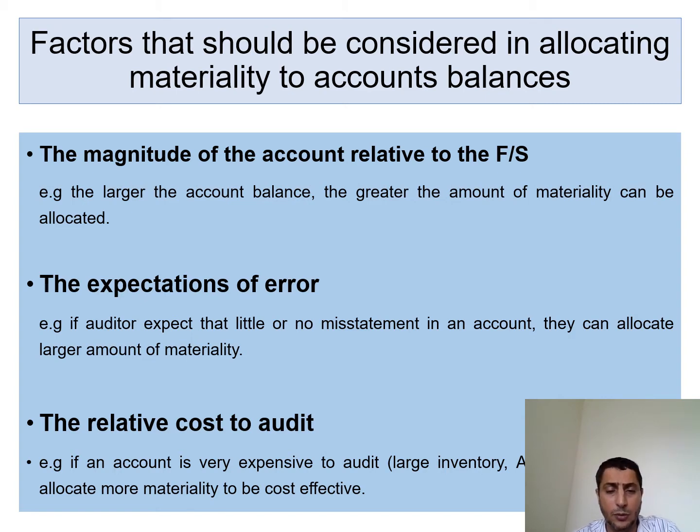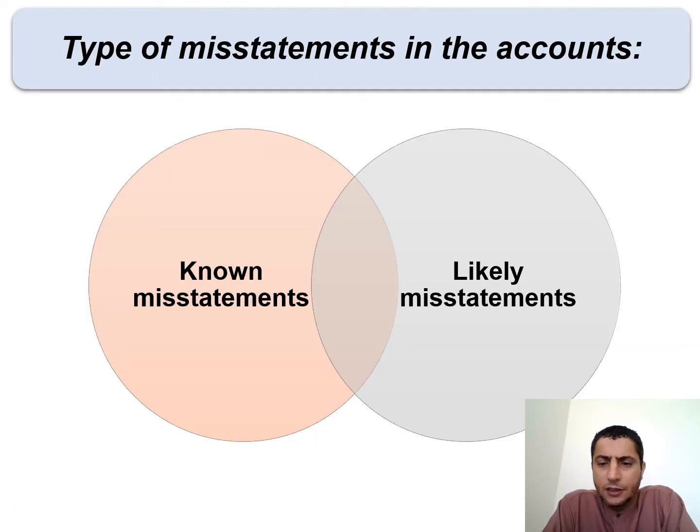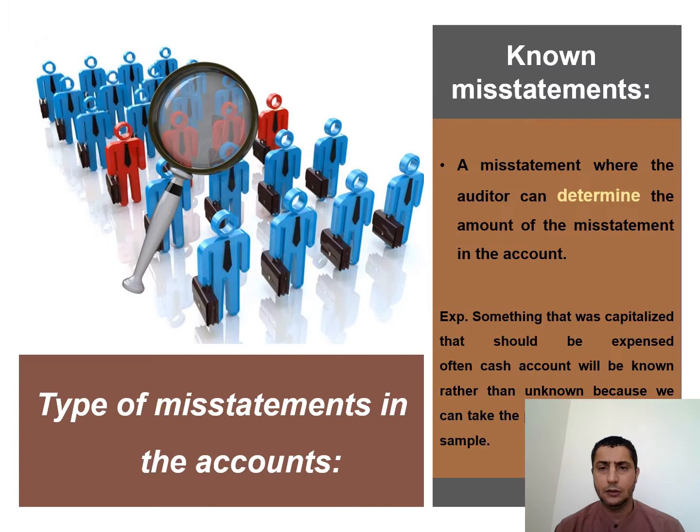The third step is about estimating or determining the misstatement in each account or segment. So before we go on, we need to differentiate between two types of misstatements. One is called known misstatements, and the second one is likely misstatements. Known misstatements means that the auditor is able to identify and determine the amount of misstatement in the account.